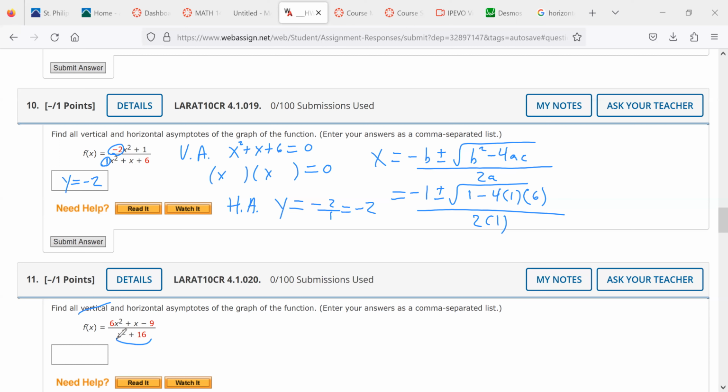You can try to solve this for 0, it's not gonna happen. Let's just look at the horizontal. This number divided by this one, because the degrees are the same. We only have horizontal.